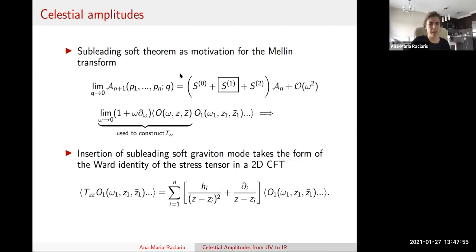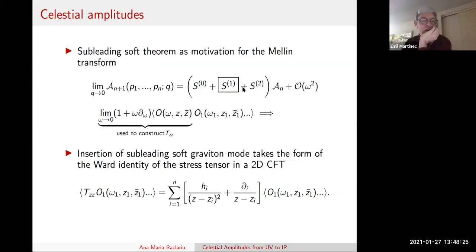There's no question that for the leading soft factor one can do a diagrammatic analysis, and it is exact to all loop orders. The subleading soft factor is known to receive a one-loop correction, so the corrections are one-loop exact. A power counting basically shows that all the corrections one could have to the subleading soft graviton theorem can in principle only come from one-loop diagrams.